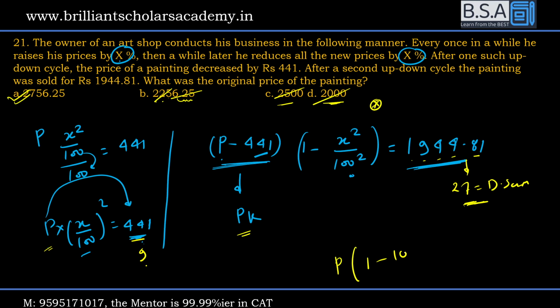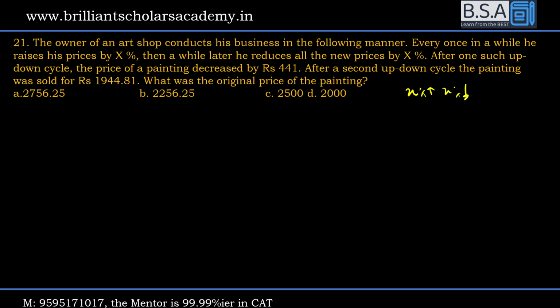Let me clean the board one more time here and you observe. First of all, X percentage increase and X percentage decrease is equal to X square upon 100 percentage decrease. So the price is P. It has decreased by X square upon 100. Please observe, upon 100. This is the amount of decrease, which is 441. The new price has become P minus 441. Price after decrease is this. Now, this is a percentage here.